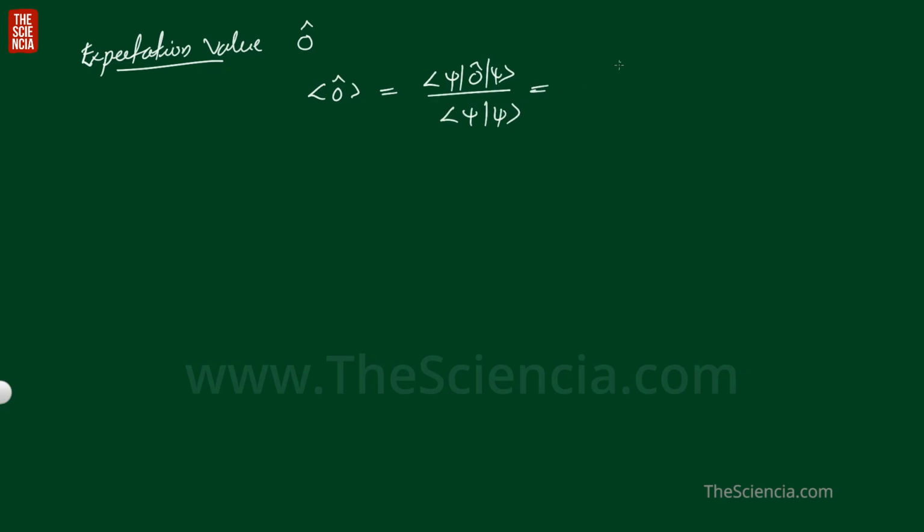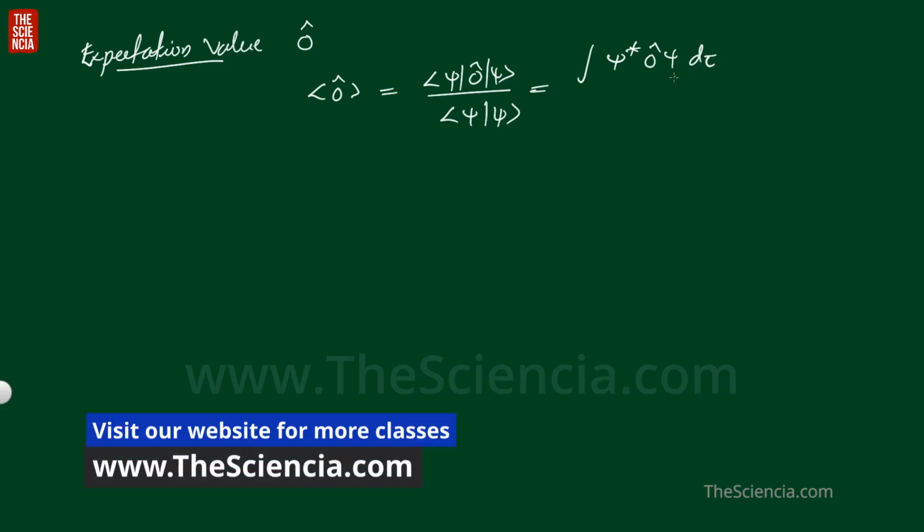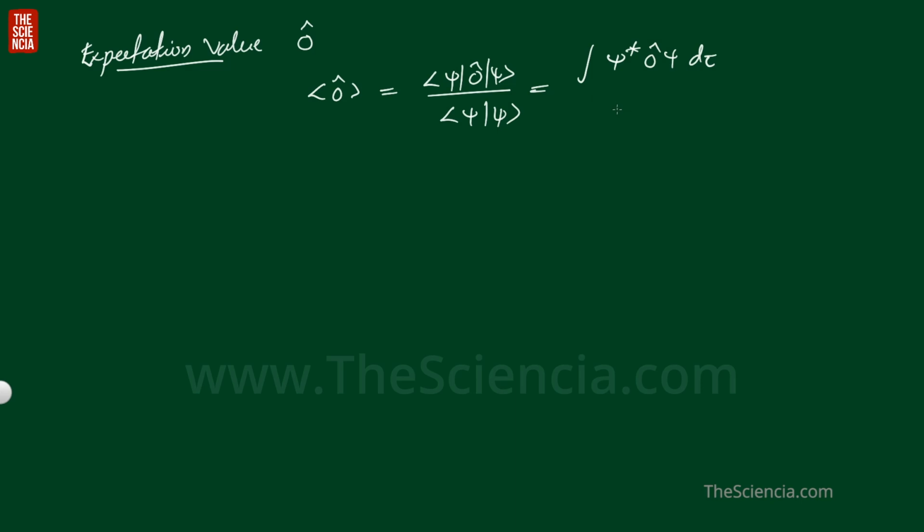That is in integral form, integral psi star operator psi dx or d tau. Maybe it has a spherical symmetry, then we have to use this d tau. And if it is a 1D problem, then we have to use dx or dy or dz. By integral psi star psi d tau. So this is a general expression for finding the expectation value.